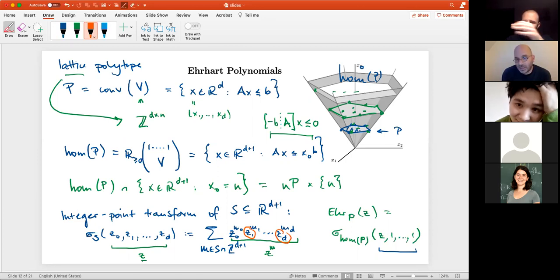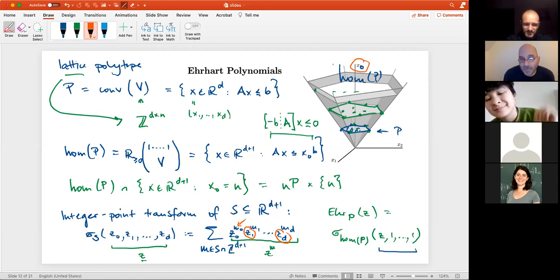I'm going to move them all together, and I will only keep track of the m0 coordinate, which is your height. And so if you think about this for a moment, what you're now going to get is you're going to sum together all these ones that have the same m0 coordinate.